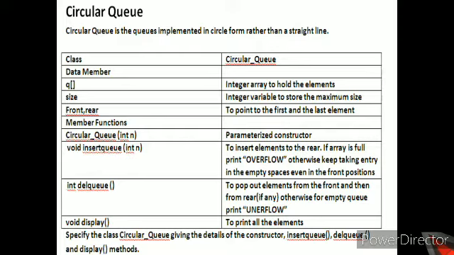That is the actual characteristic of the circular queue. Int del q, what does it point out? It means to pop out elements from the front, and otherwise, if the queue is empty, we write underflow. And void display, which is to print all the elements.